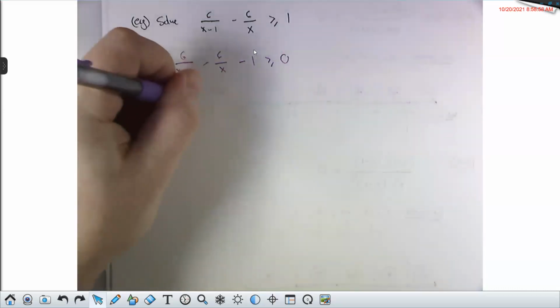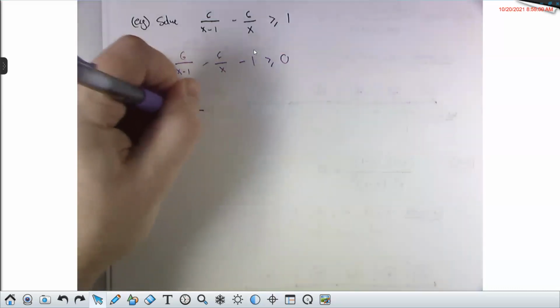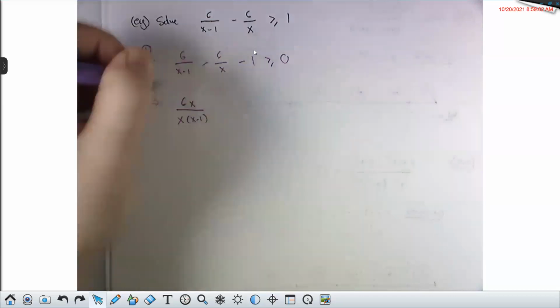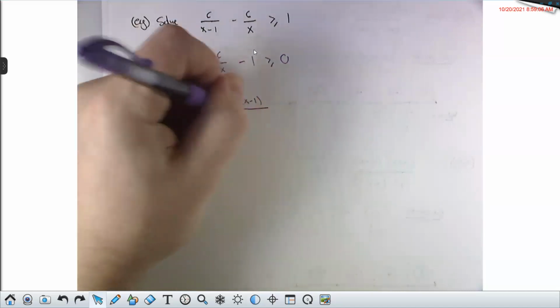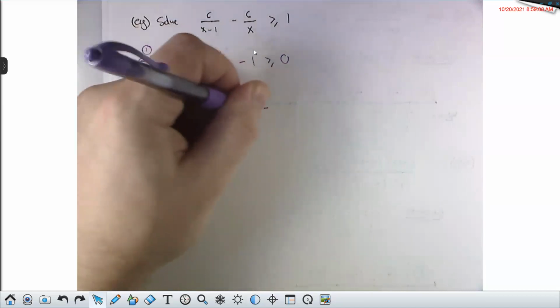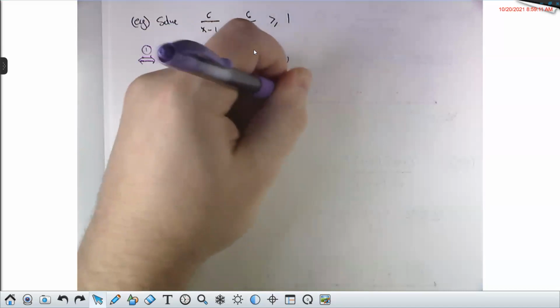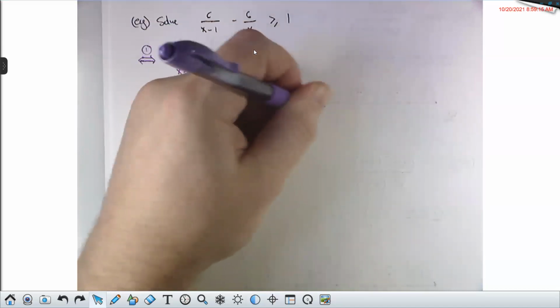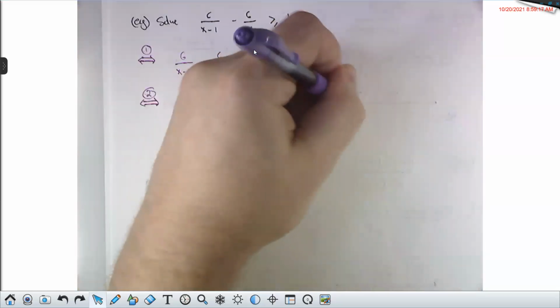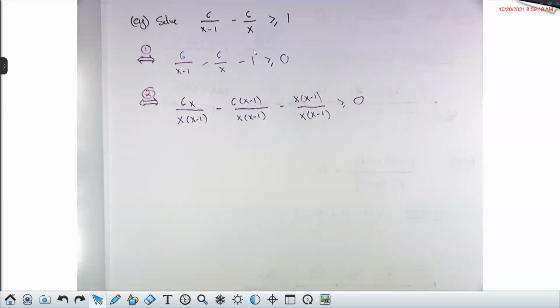That'll give me 6x over x times x minus 1, minus 6 times x minus 1 over x times x minus 1, minus x times x minus 1 over x times x minus 1. And all of that is still greater than or equal to 0.